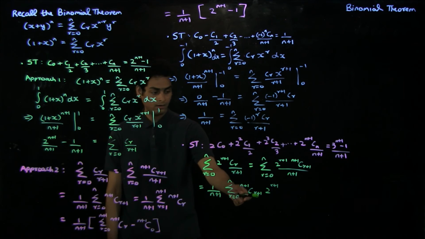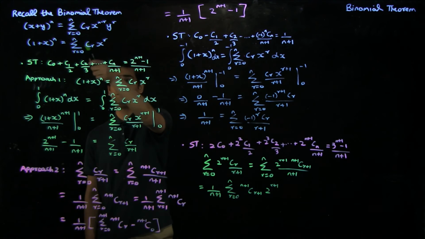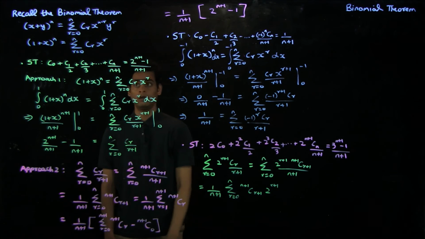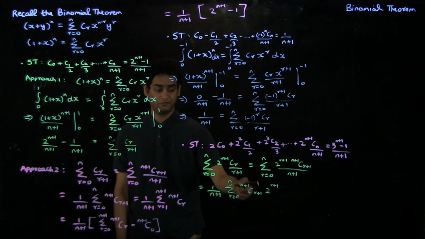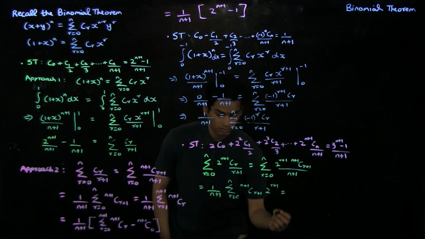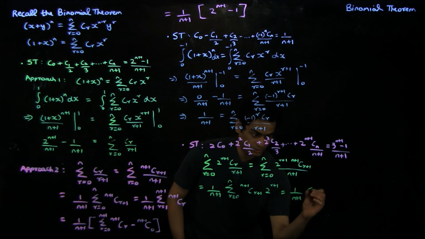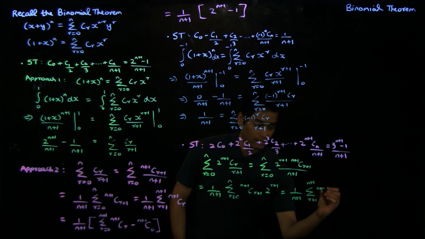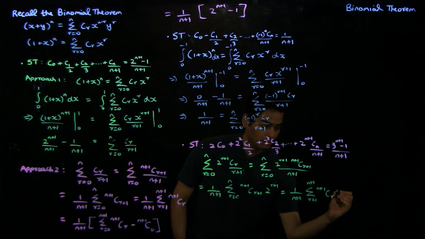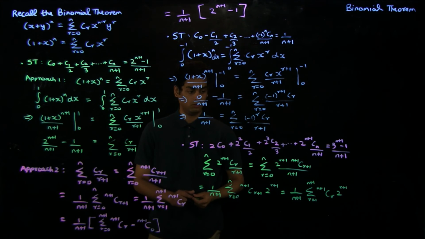Now if you compare this summation to the binomial expansion of 1 plus x to the whole power n, where you replace n with n plus 1, before we do that, let's just change the index on the summation. Let's reformulate this to 1 over n plus 1 times the summation r equal to 1 to n plus 1 of n plus 1 C r times 2 power r. So this is in a form which is more amenable to comparison.